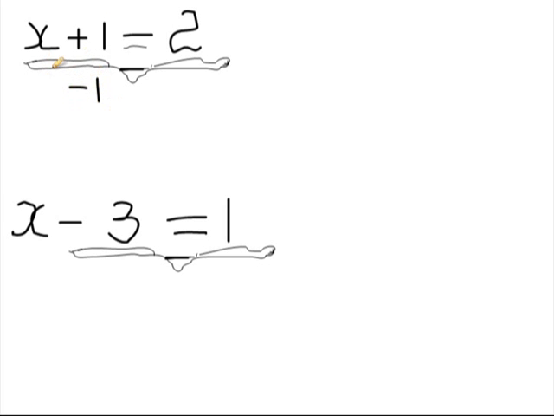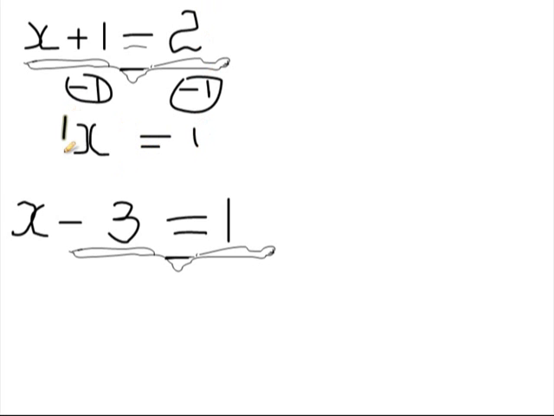Since you can see it like a balance, if I put minus 1 here, I should have minus 1 here also, so that the equation is balanced. So minus 1 here, I end up with only x, and 2 minus 1, I have 1.